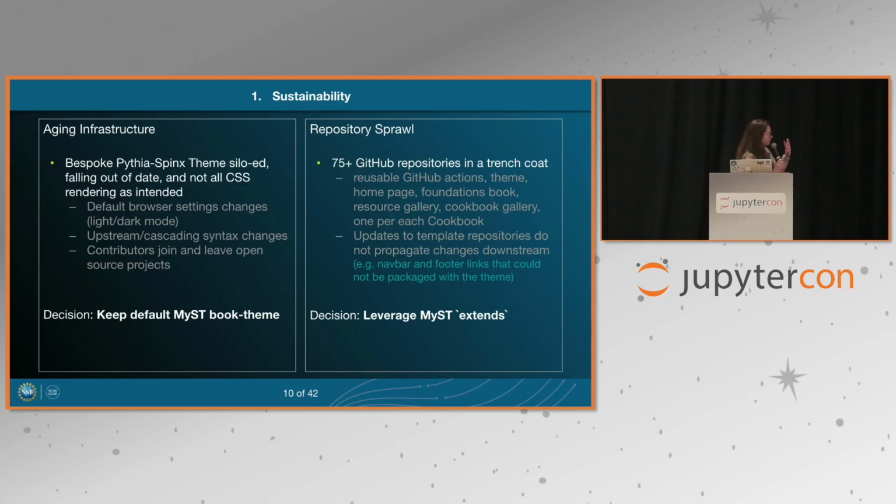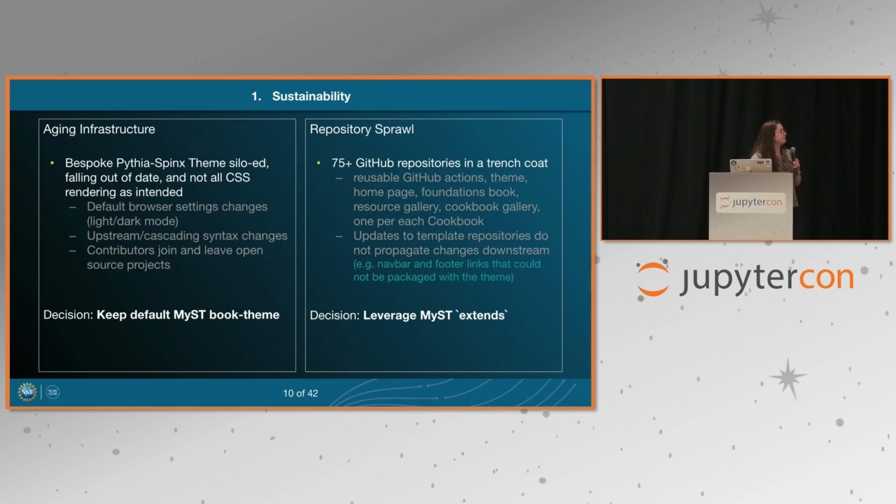So for that reason, we decided to keep with the default MyST theme as we move forward. It looks clean, it looks great. Why make our lives and the lives of people who join the project after us more complicated?